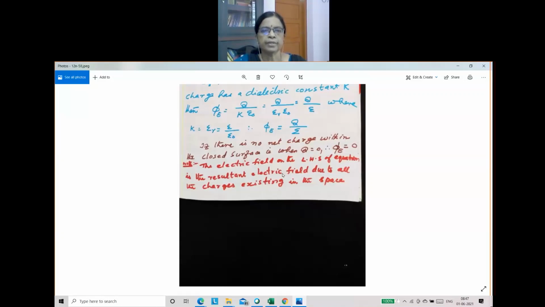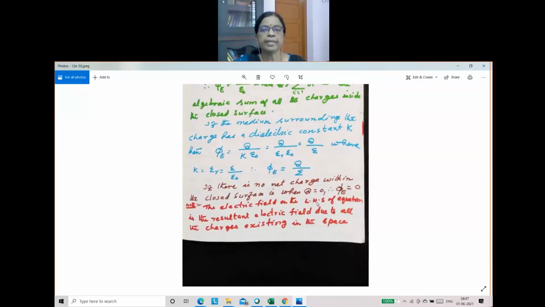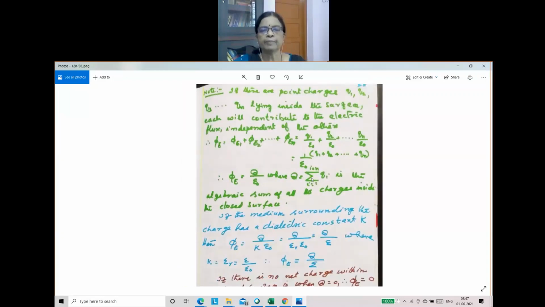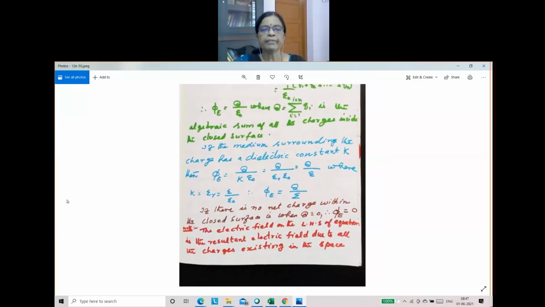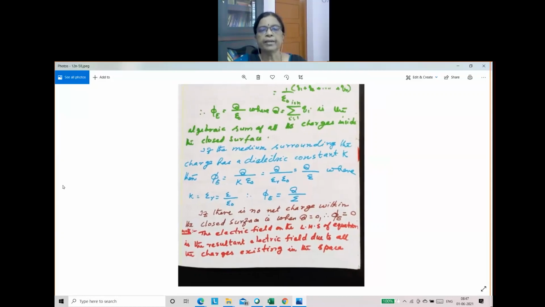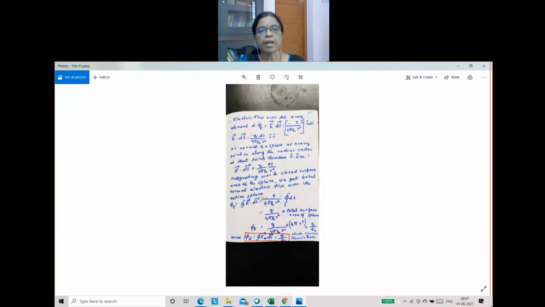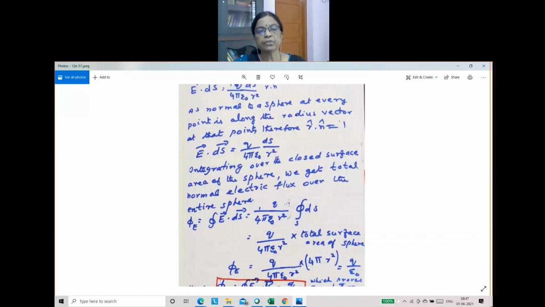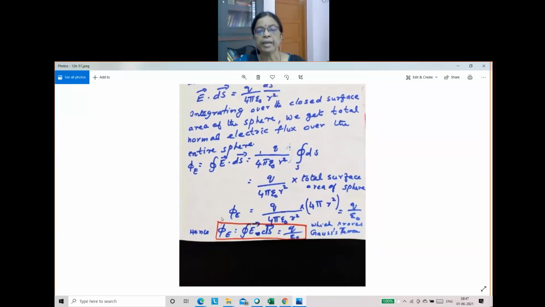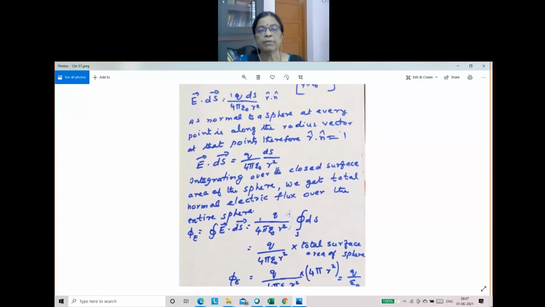Flux will be 0. The electric field on the LHS of the equation is the resultant electric field due to all the charges existing in the space. That is also another concept we need to answer some application questions. Just studying Gauss's law, you cannot do that, but you should know what the left side is.